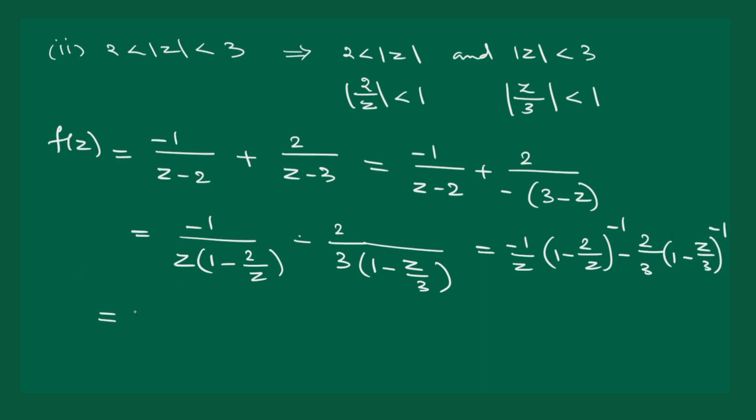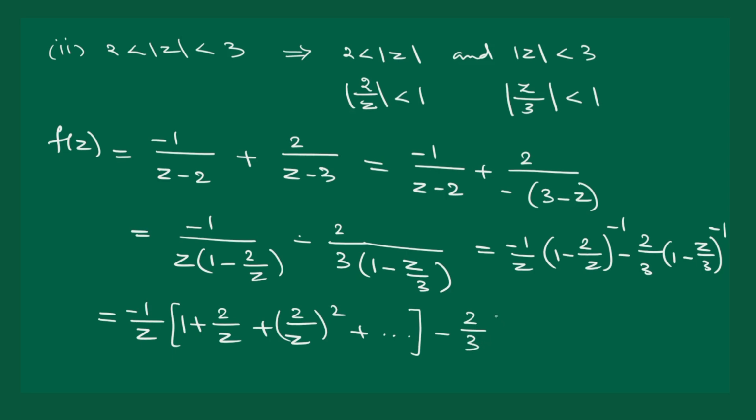Now we have to expand it. So minus 1 by z into the expansion is 1 plus 2 by z plus 2 by z whole square plus whole cube, etc. Again here 2 by 3 is common.